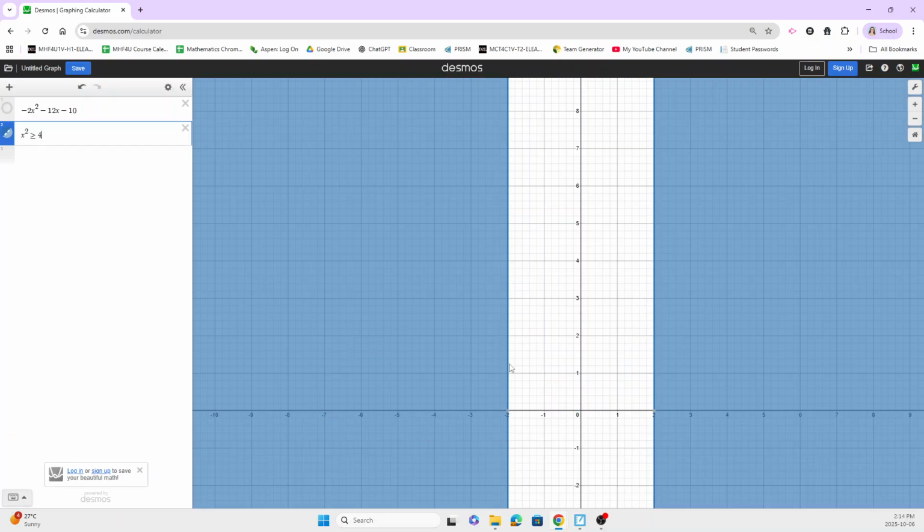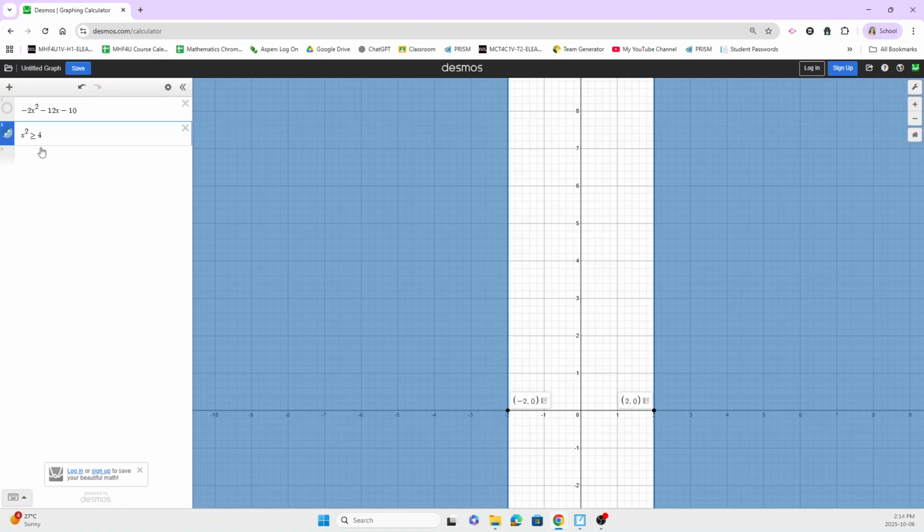What this tells me is that the values where x squared is greater than or equal to 4 are anything from negative 2 all the way to negative infinity, or anything less than negative 2, and anything from positive 2 all the way to positive infinity.